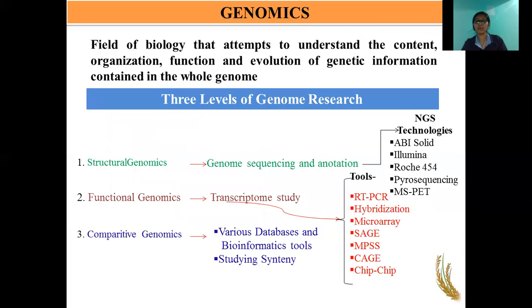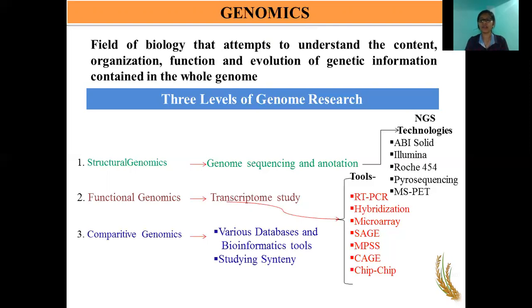So here we'll see what different types of tools are available to study the structure of the genome, to study the function of the genome, and to compare two or more different genomes. First we'll see structural genomics. In structural genomics, various kinds of next generation sequencing technologies are available, which include ABI SOLiD, Illumina, Roche 454 pyrosequencing, MSPET.